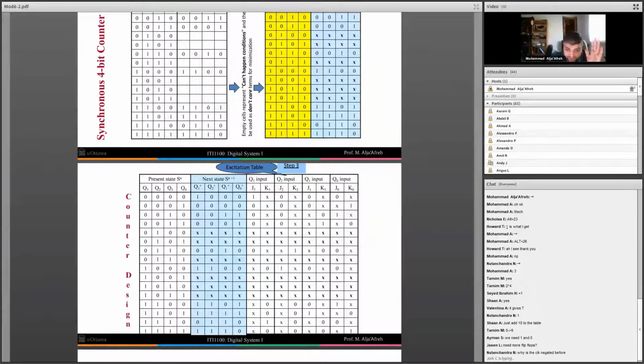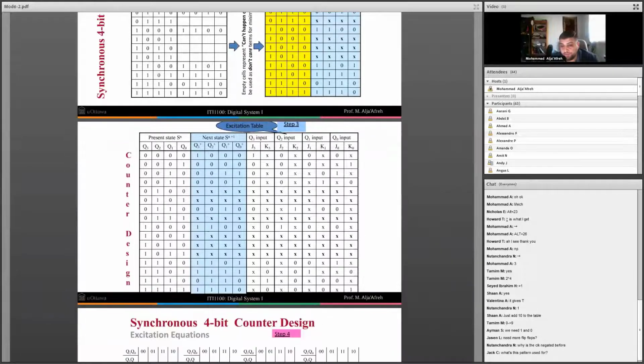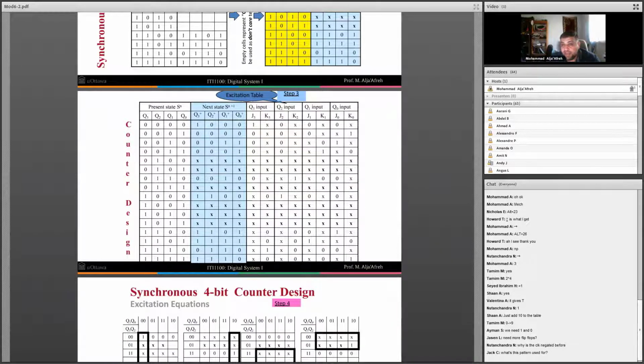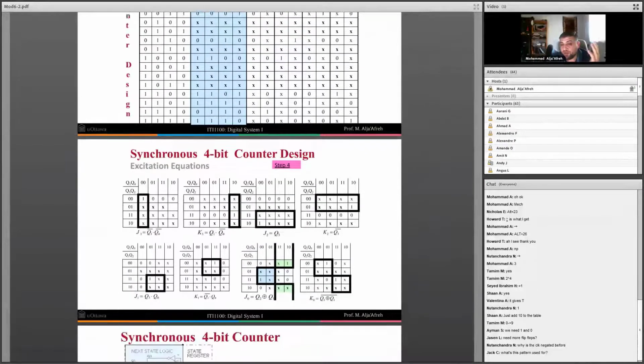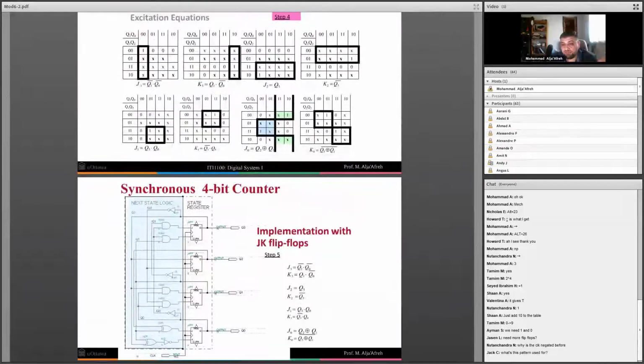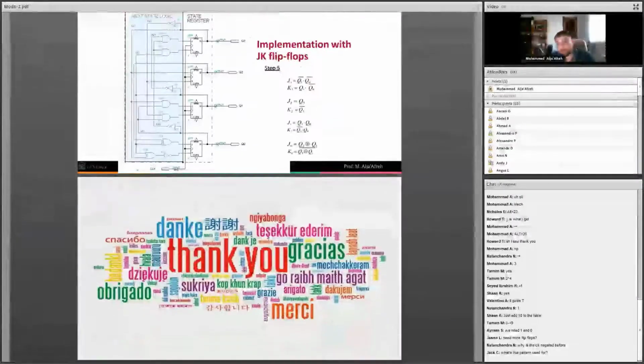So I know my present state, and I know my next state. I need to get the input for each flip-flop. After I get the input for each flip-flop, what I have to do is connect them. That's it, guys, that is for the course.